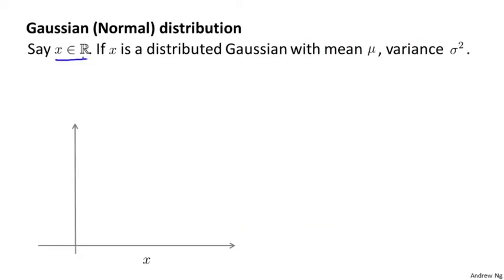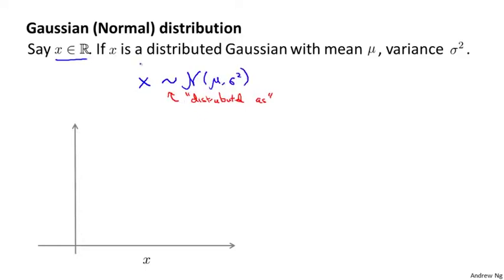Let's say X is a real-valued random variable, so X is a real number. If the probability distribution of X is Gaussian with mean mu and variance sigma squared, then we'll write this as X, the random variable, tilde, that's this little tilde, read this as "is distributed as", and then to denote the Gaussian distribution, we're sometimes going to write script N, parentheses, mu, comma, sigma squared.